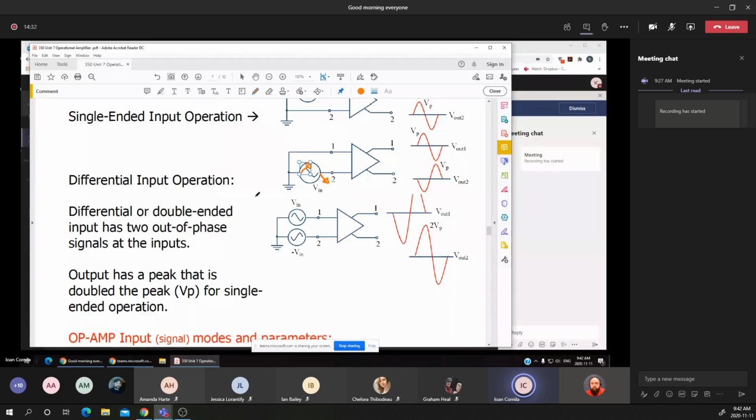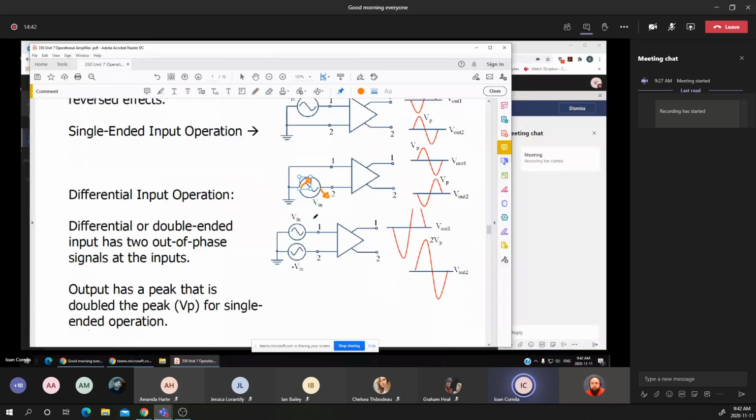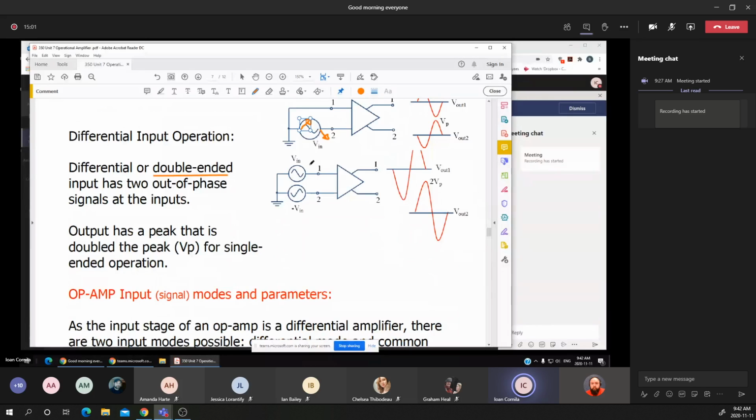Now the other way is combining the two single-ended inputs, and we will end up with a double-ended input. Means that I'm applying the two voltage sources, the V in 1 and the V in 2, simultaneously to the differential amplifier, or to the differential stage.